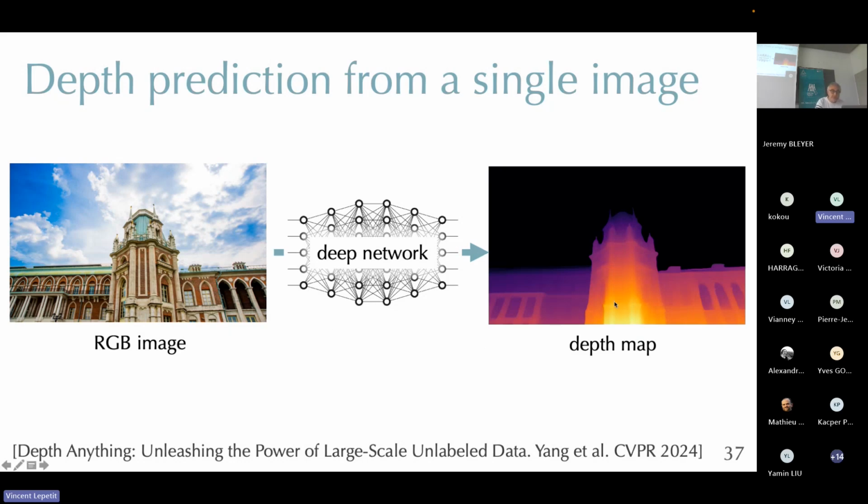That means that for each pixel of this image, you get the distance from the camera to the 3D point that corresponds to this pixel. There are several caveats, but I will discuss that later. I'm not going to detail or explain what a deep network is. Maybe you already know, maybe you have some idea.